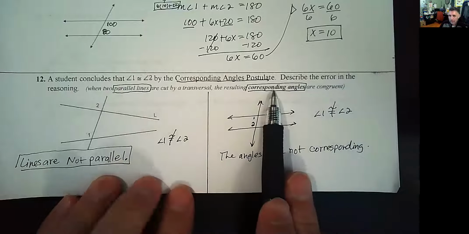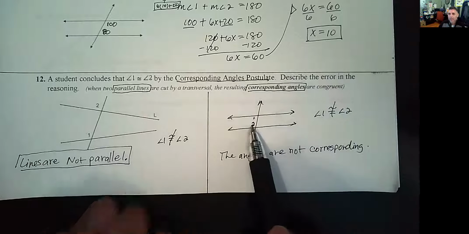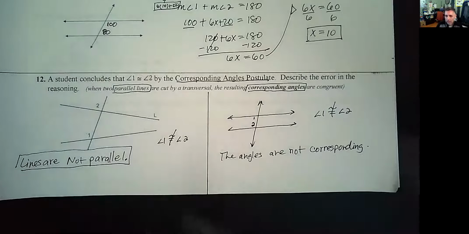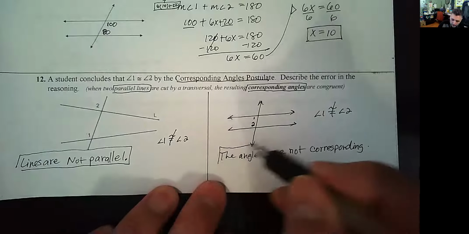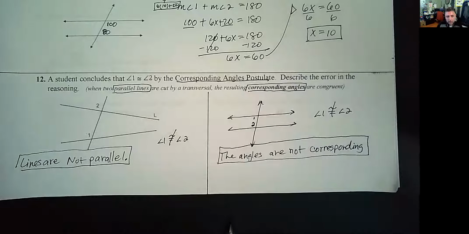They're not corresponding angles. 1 and 2 are same side interior or consecutive interior. So that's why those 2 angles are not equal. And that's an example for number 12.